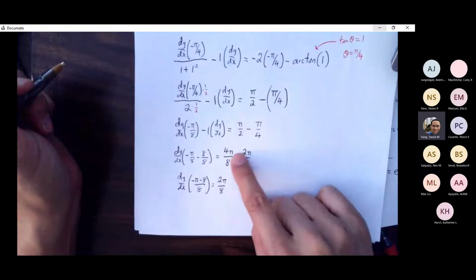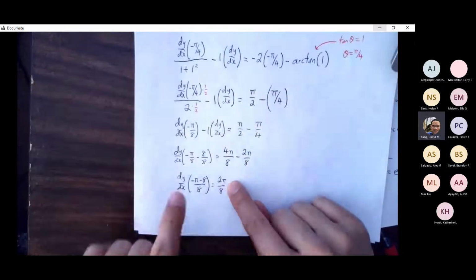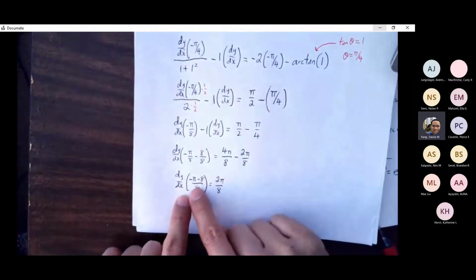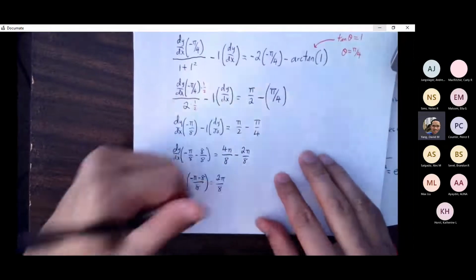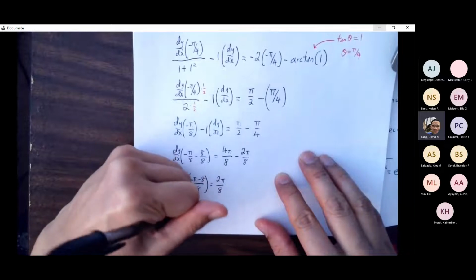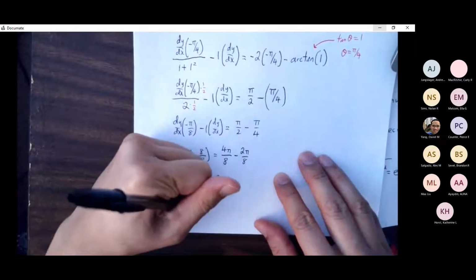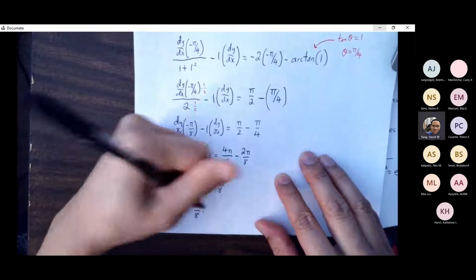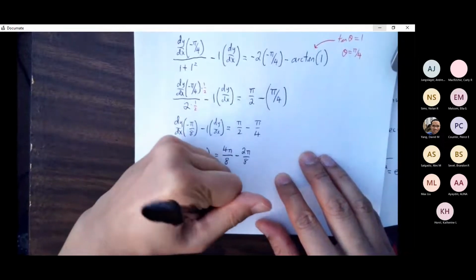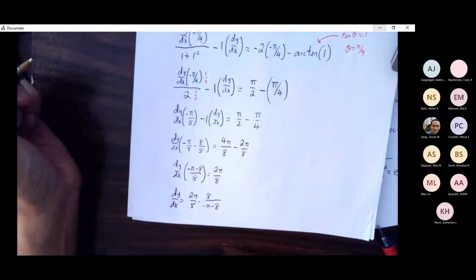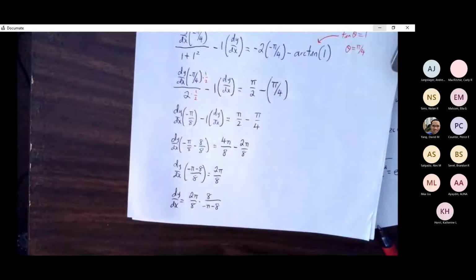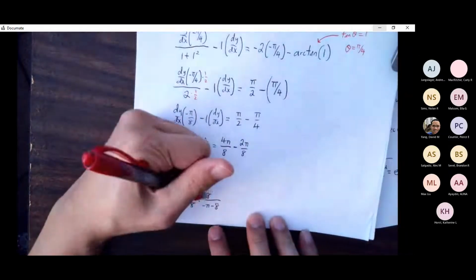Combine like terms here. 4 pi over 8 minus 2 pi over 8 is 2 pi over 8. If I want to solve for dy dx, I can divide by the fraction. Dividing by the fraction is the same thing as multiplying by the reciprocal. And that way I can get my slope value cleaned up. The 8's cancel out.